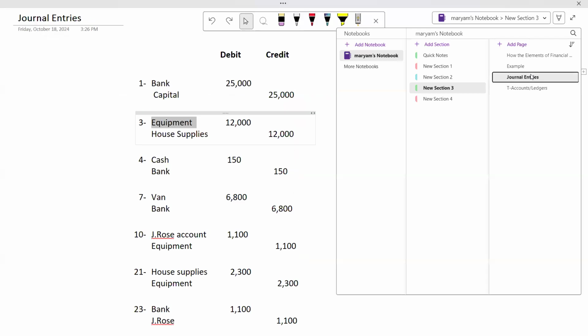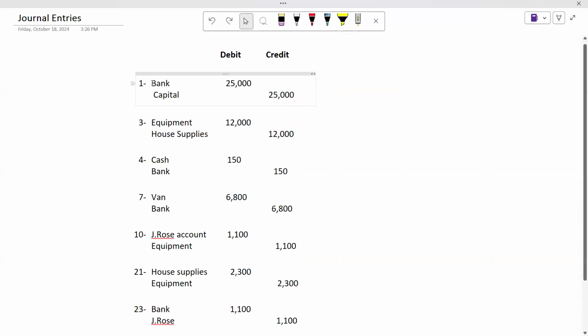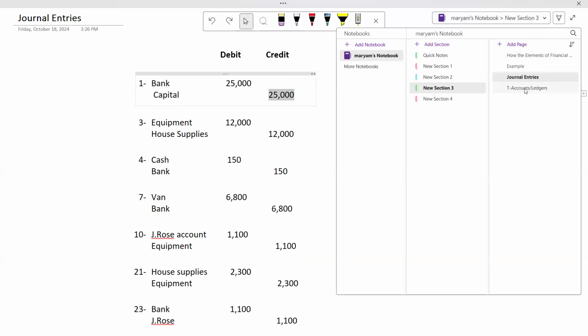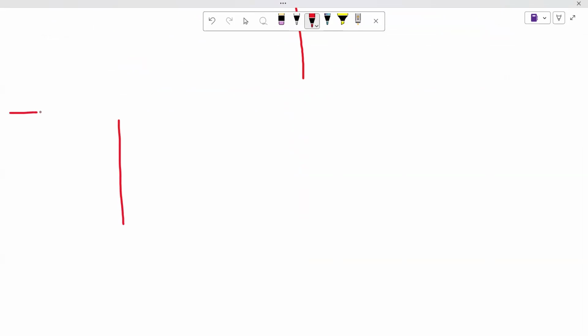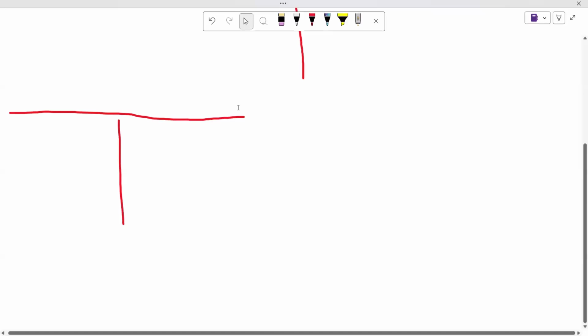I'll go back to the journal entry, which is the first one where the bank is debited and the capital is credited. So this means I'm going to create two T accounts, one for the bank, one for the capital, and then use this amount to enter my amounts. So bank and capital. I'll go to this page and create one more T account, like that. This is credit.